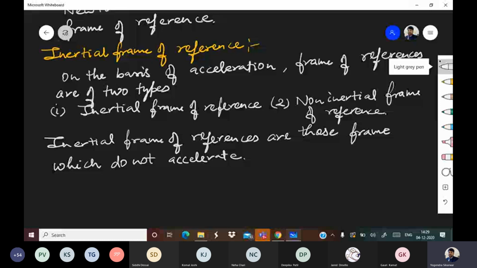Frame of reference. Okay. So which all will be inertial frames of reference? A frame of reference which is at rest or moving with constant velocity is an inertial frame.